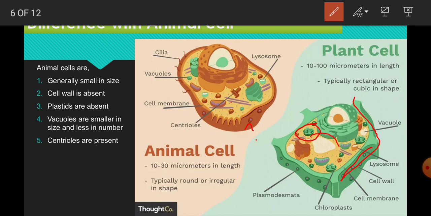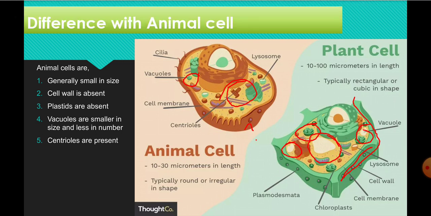Vacuoles here are larger and more numerous, but in the animal cell vacuoles are smaller and only a few in number. Centrioles are found only in animal cells, but there is no centriole in plant cells. These are the main differences between the animal cell and plant cell.